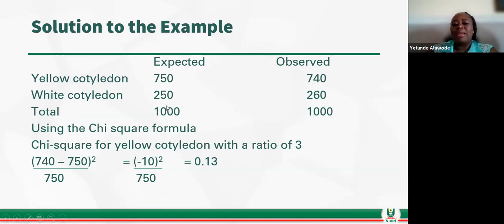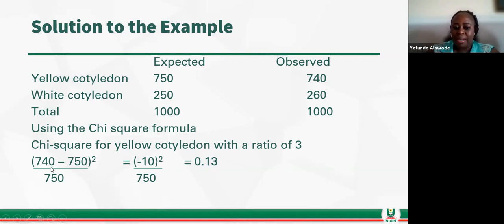And it's very important, when you add, you must get the total number of plants, which in this case is 1,000. So when you add, to know that you are on track, you have to get the total number of plants.